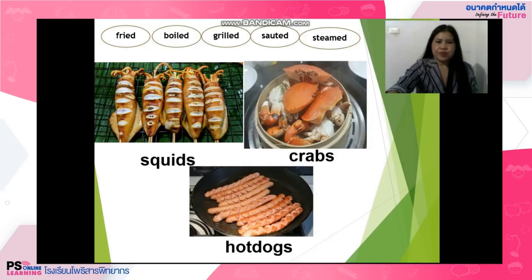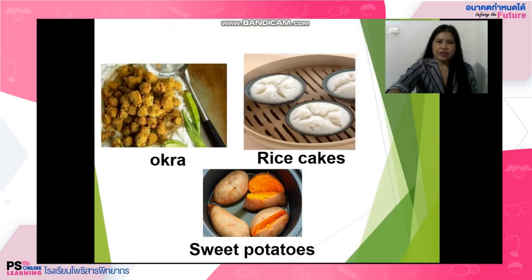Next batch. So we have okra. Look at the finished product and look at the greens. The greens are vegetables. Those are okras, or some people call them lady finger because they look like fingers of a lady.